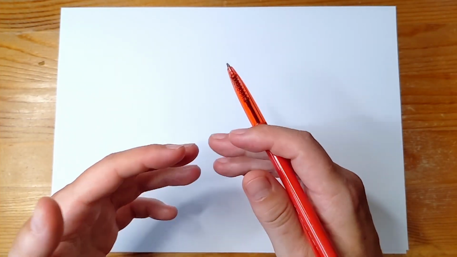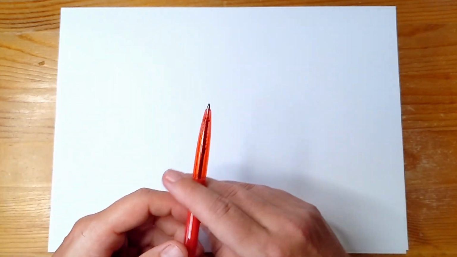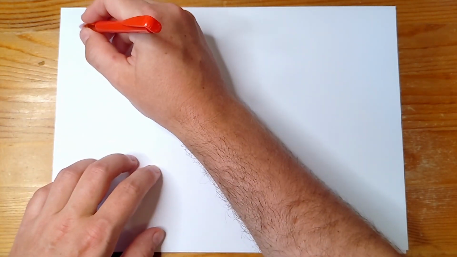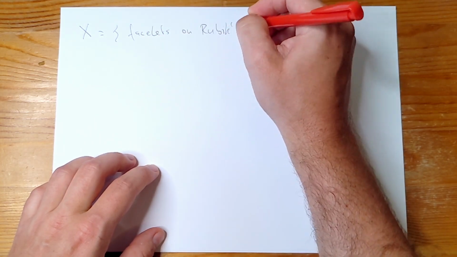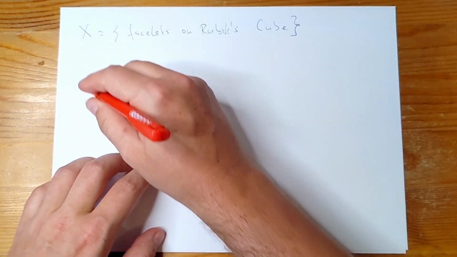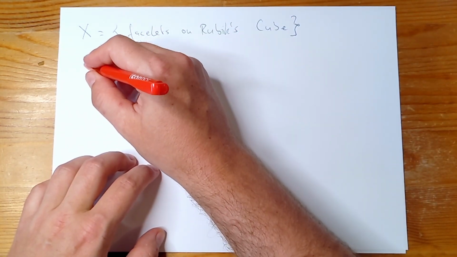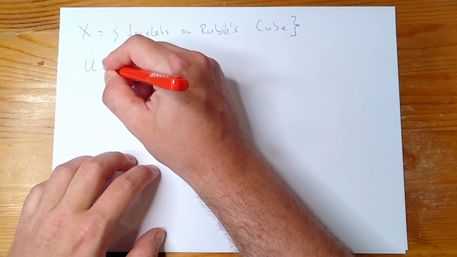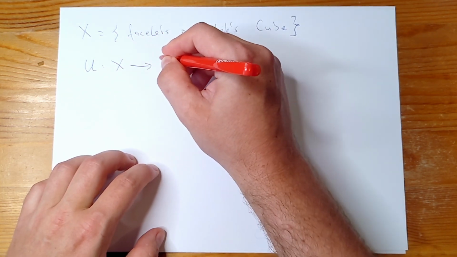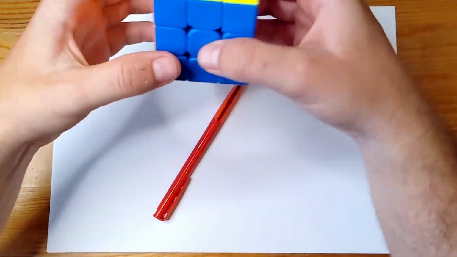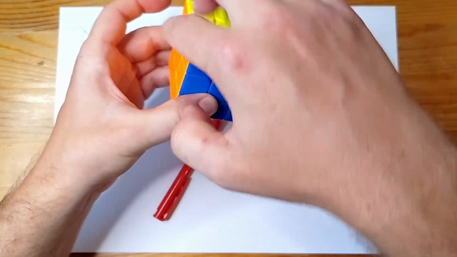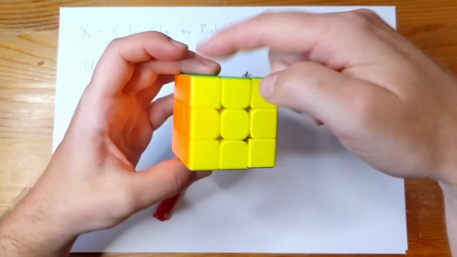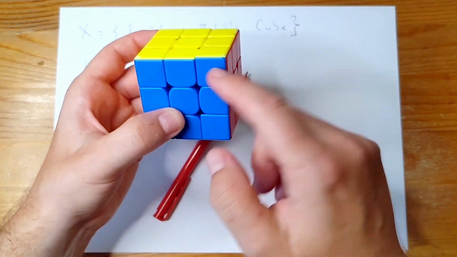Alright, and now we have to define the relevant moves we want to consider. So again, we have the set of facelets on the Rubik's cube, and we have special permutations. For example, U, this is a permutation of the set, right? The move U maps, for example, this facelet to this one here, this one here, and this one here again.